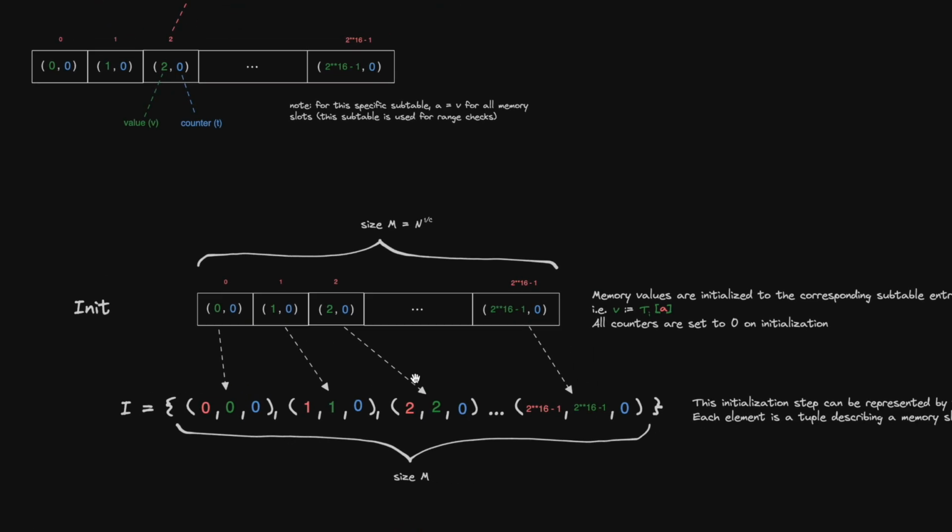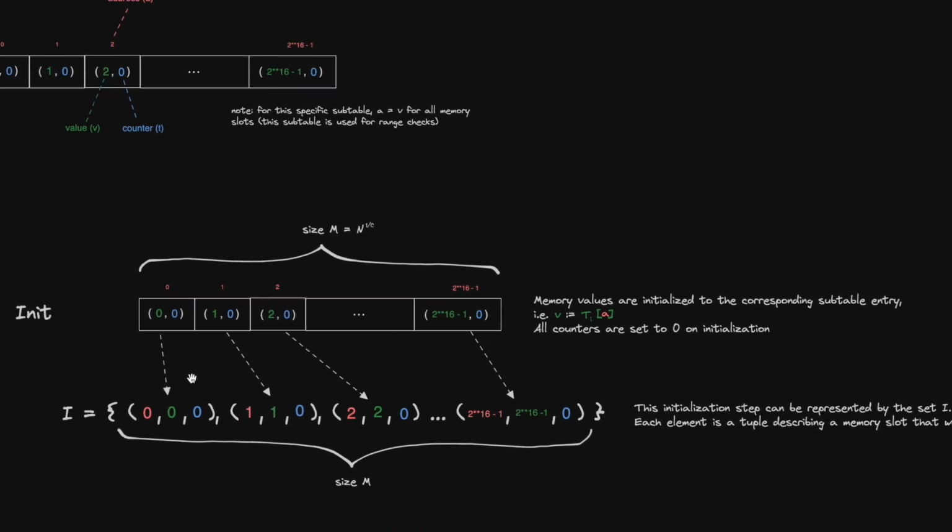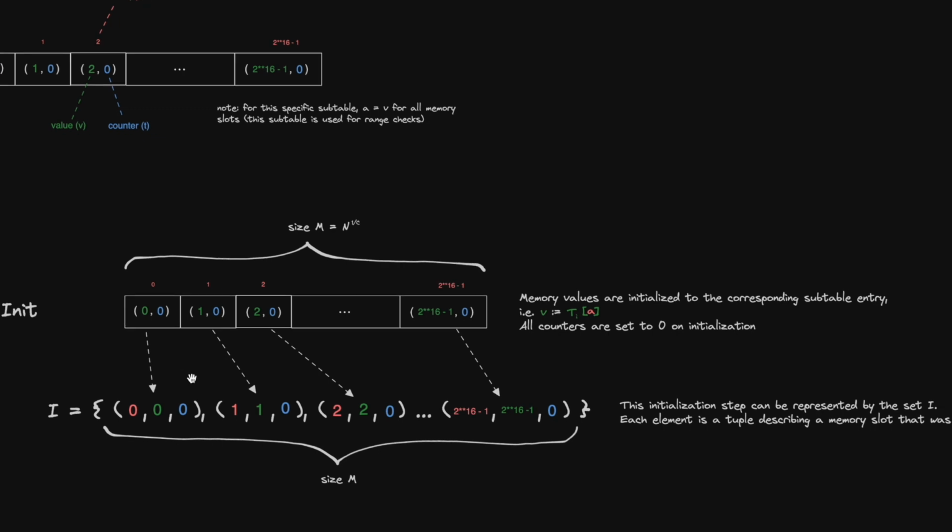In other words, each v is equal to t sub i of a. All the counters are set to 0 upon initialization because none of the memory cells have been accessed yet. This initialization step can be represented by this set I, consisting of tuples, each tuple containing an address, value, and counter. This set I is of size m, which is the same as the size of the memory.